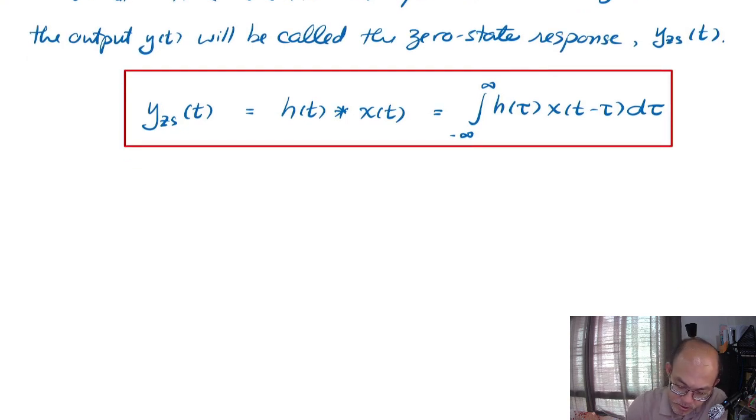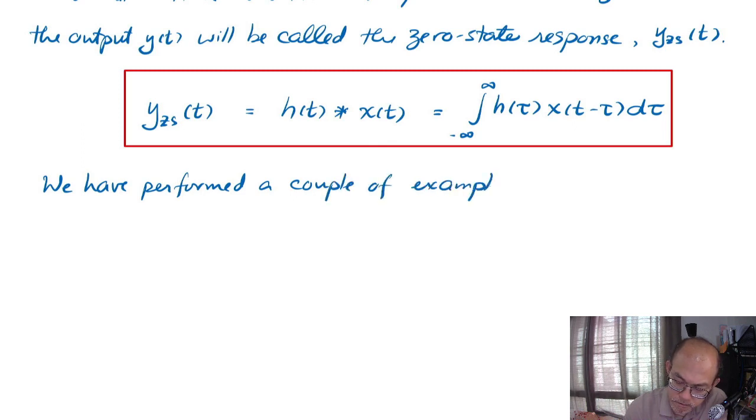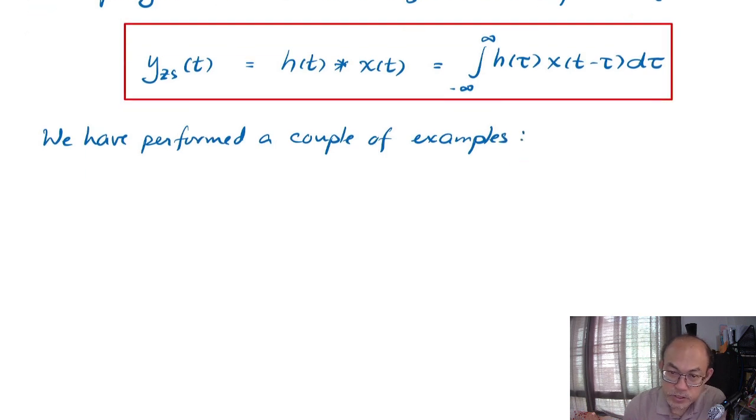Okay, and we have performed a couple of examples, and we could come up with a couple of formulas. For example, if we convolve the unit step signal with itself, the result would be the unit ramp signal.